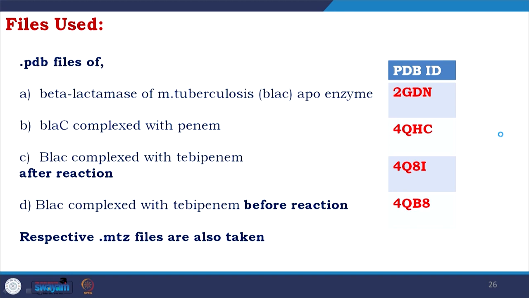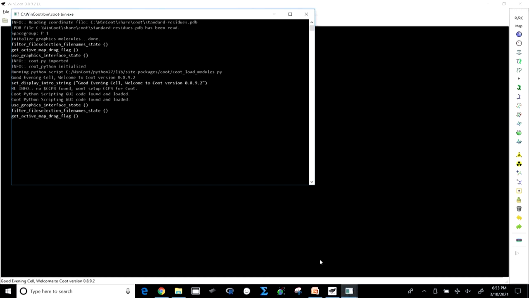You could go and download them from RCSB as I have shown before, and you could easily follow what I am doing. So, with them I will take you to the demonstration part. This is the interface where you will see the use of Coot. There is another interface where all the scripts are also coming.